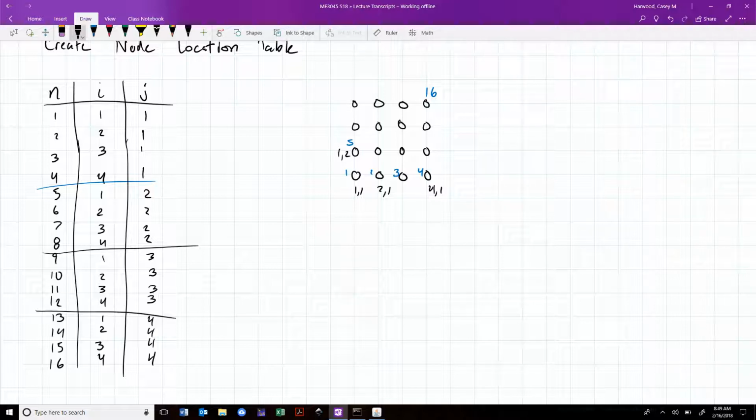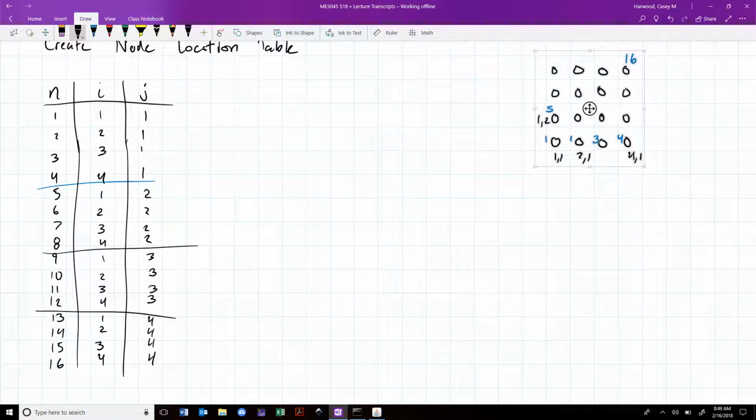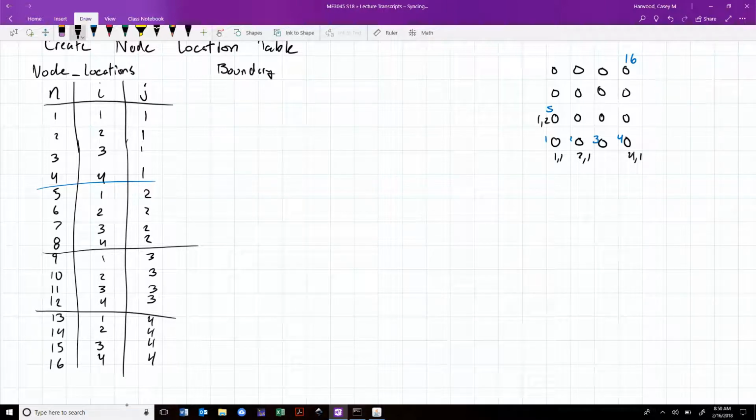It also makes it easier for you to assemble what we'll call a boundary node table. So we'll call this node_locations. We also want to build a table of boundary nodes.